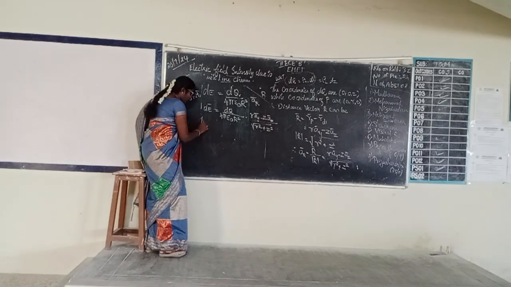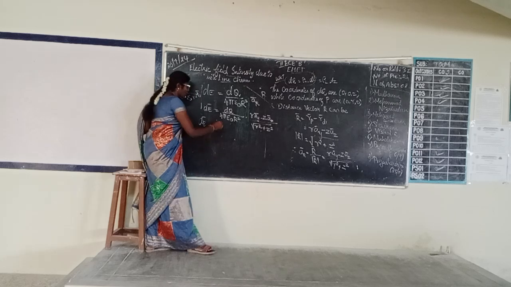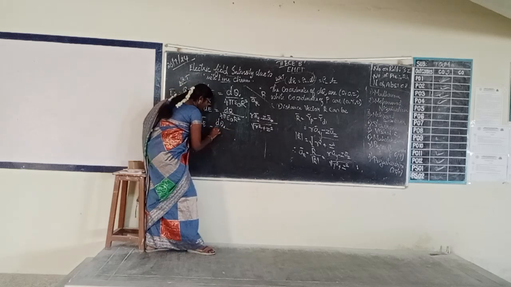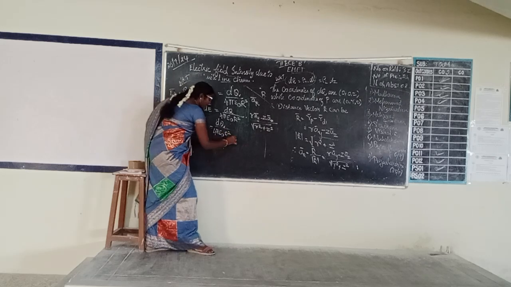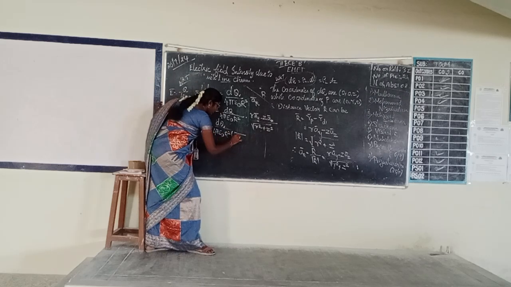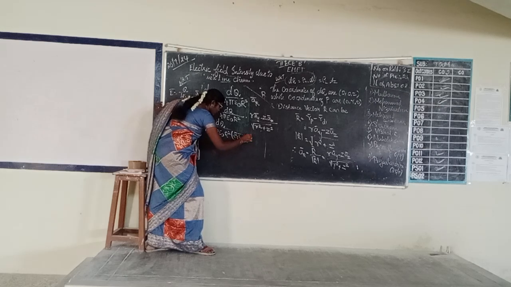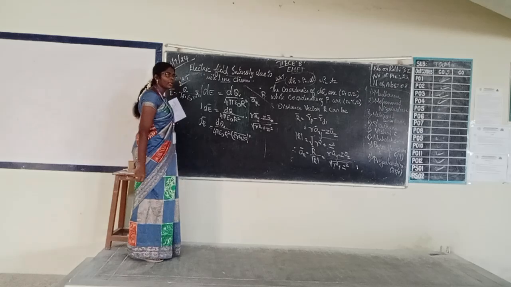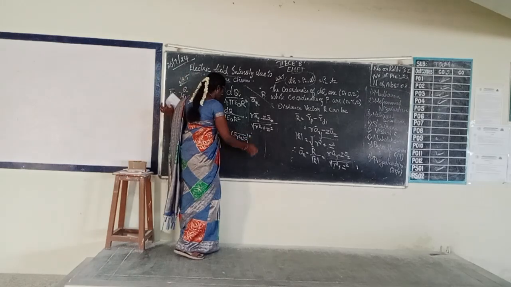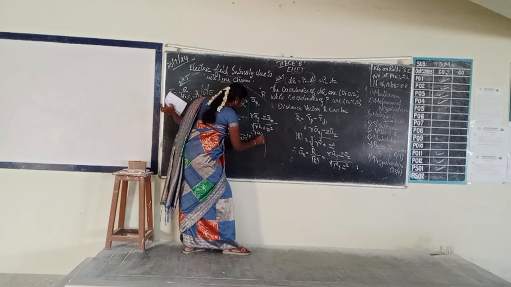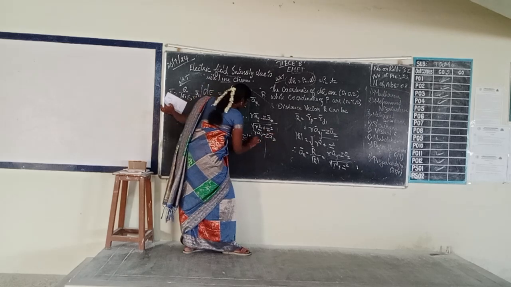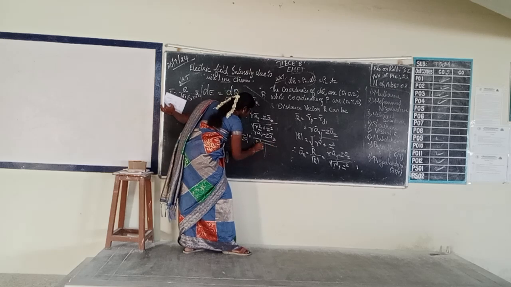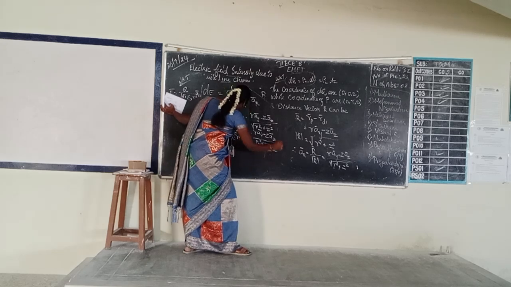Let us consider dE vector is equal to dQ divided by 4 pi epsilon naught, and I am going to take the square root of this, that is root of r square plus z square, the whole square, along with r a_y vector minus z a_z vector divided by root of r square plus z square.